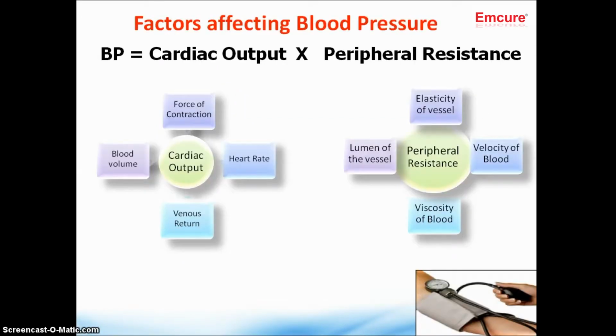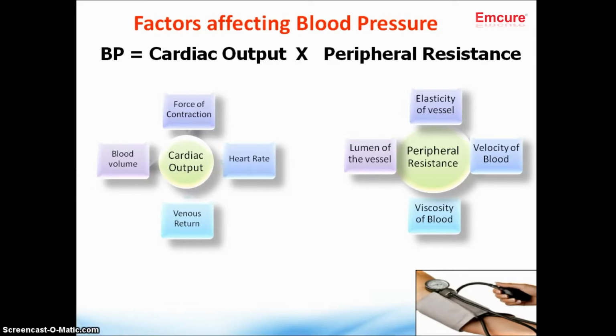Once again, this is not a mathematical calculation or a formula to calculate blood pressure. It is merely an equation which represents the various parameters which are responsible for affecting the blood pressure.